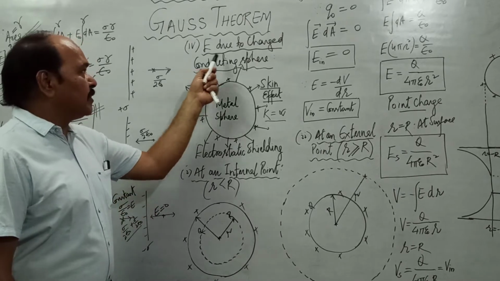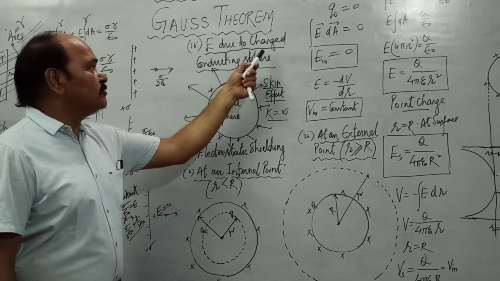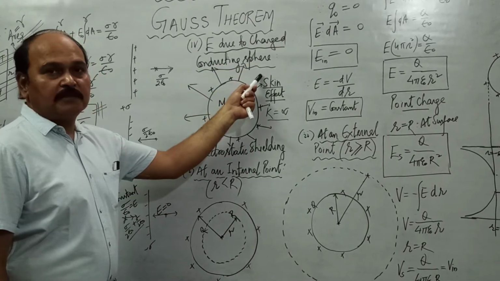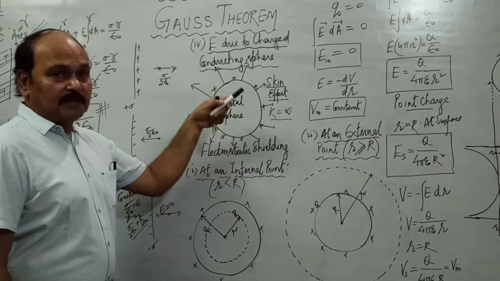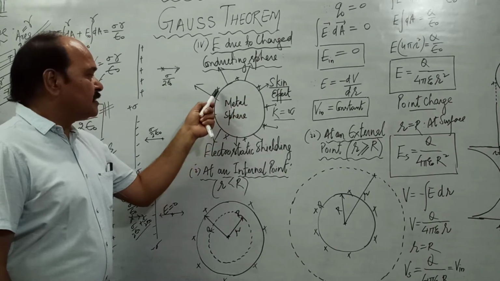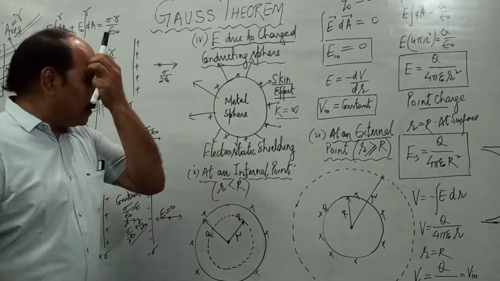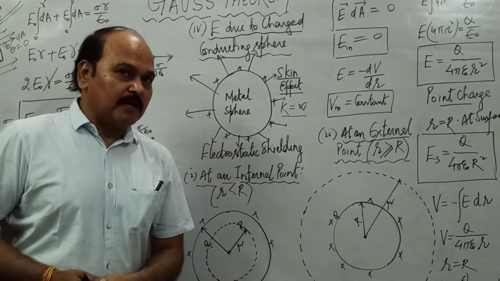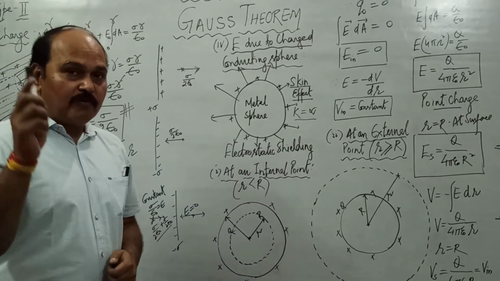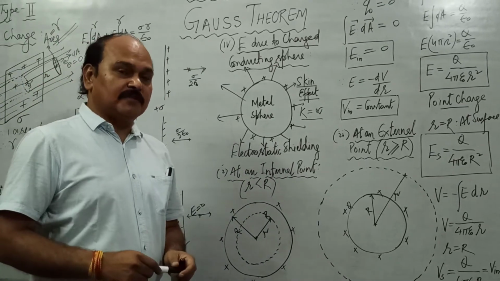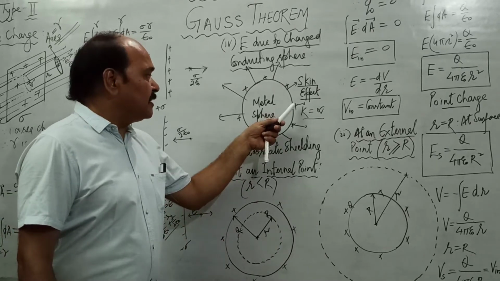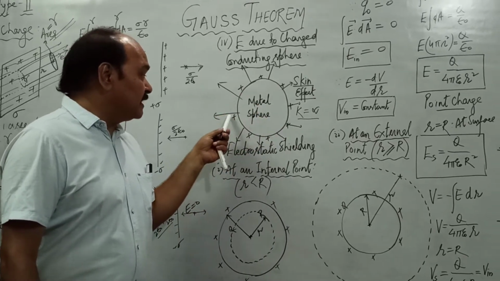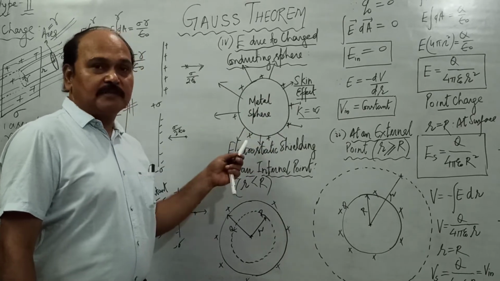So children, the next application is E due to a charged conducting sphere. Well, this is a metal sphere, that is a conducting sphere, and it is given charge Q. What happens, children? When charge is given to a conductor, it always resides over its outer surface.